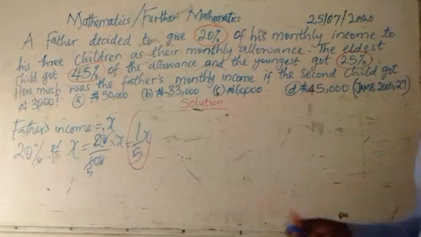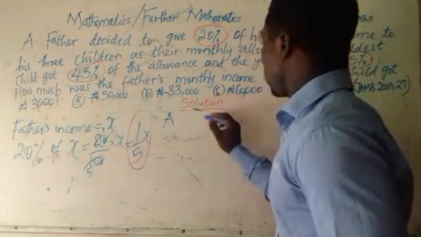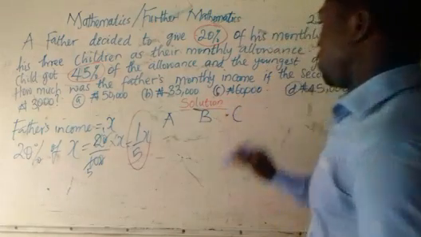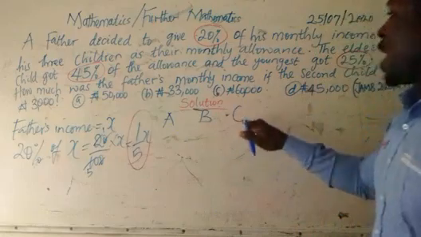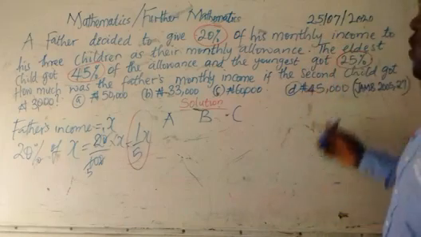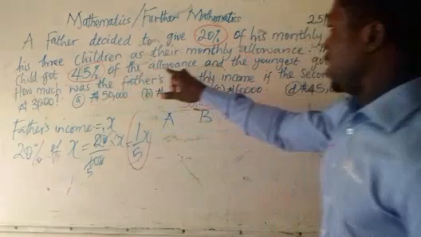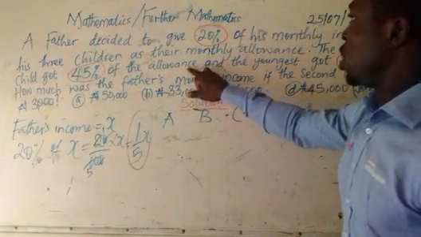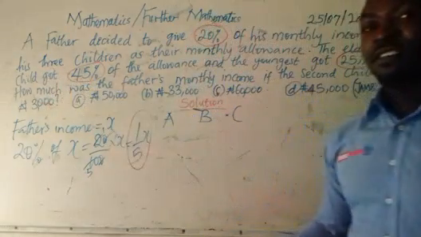So now let's have the 3 children as A, B, and C. This is the eldest, the second child, and the youngest of them. According to the question, 45% of the allowance was for the eldest child.